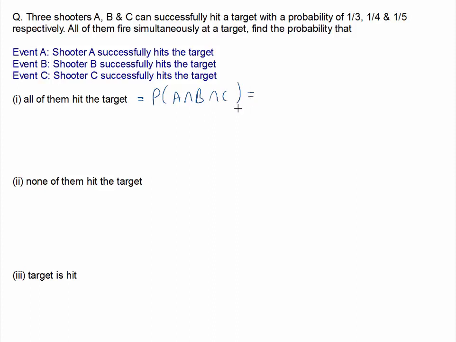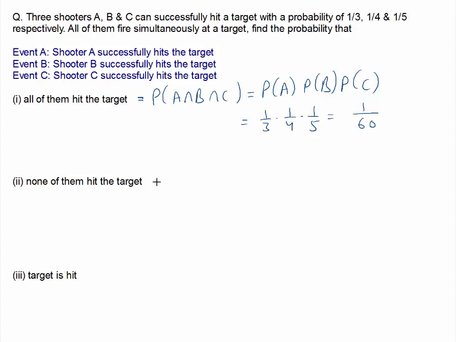Now since the probability of A successfully hitting the target is independent of the probability with which B would hit the target, meaning A, B and C are independent, therefore P of A intersection B intersection C would be equal to P of A multiplied by P of B multiplied by P of C. So that would be equal to 1 by 3 multiplied by 1 by 4 multiplied by 1 by 5. So that equals 1 by 60, which is the answer.